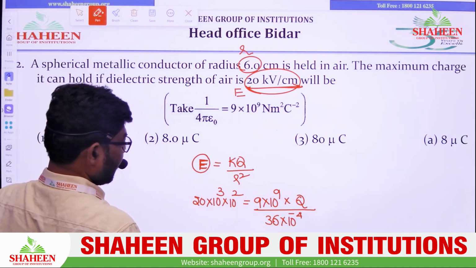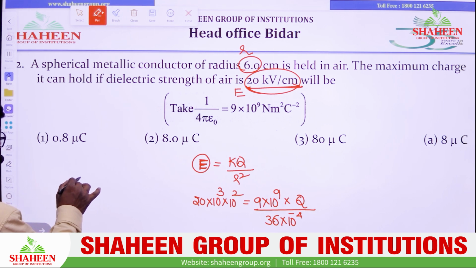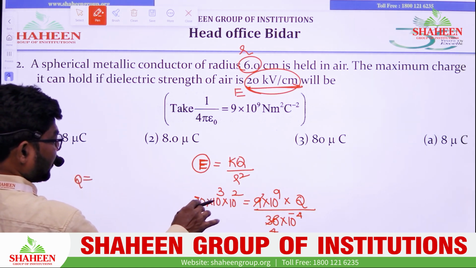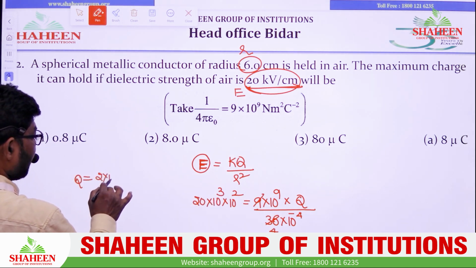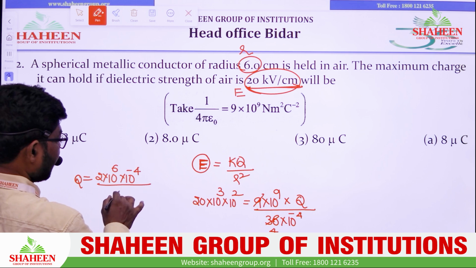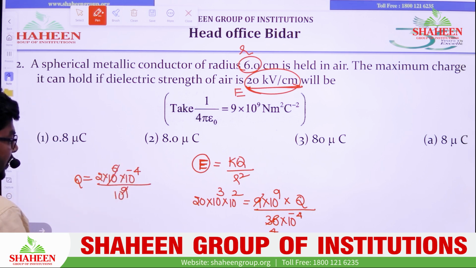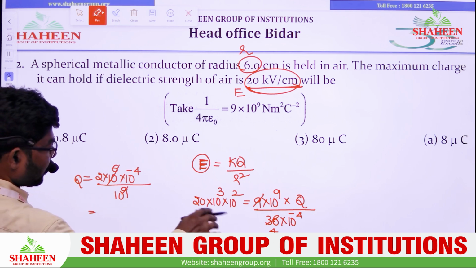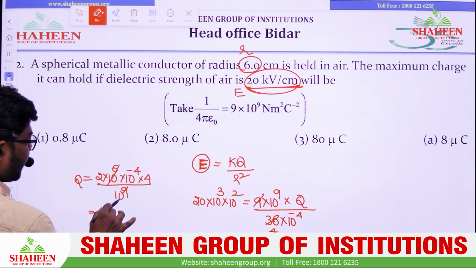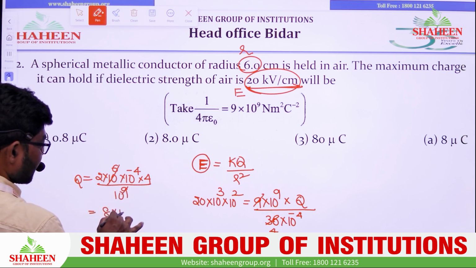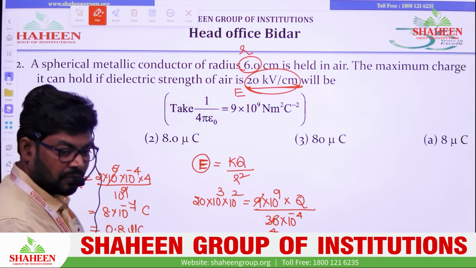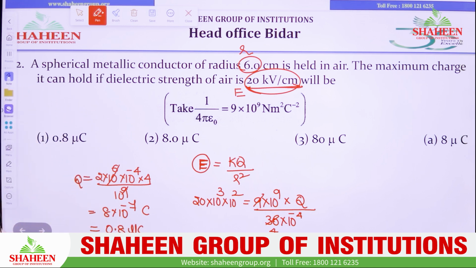Now from this we can find Q. The 6 cancels, 3 4s are 8, and we get 8 into 10 power minus 7 coulombs. We can write 0.8 microcoulombs.